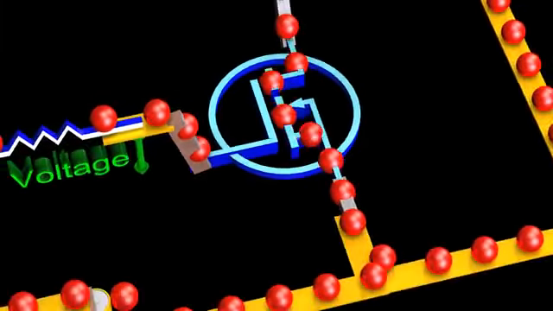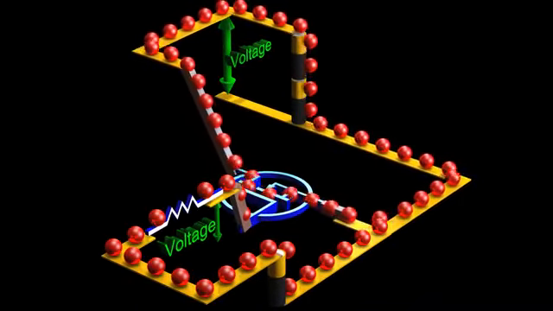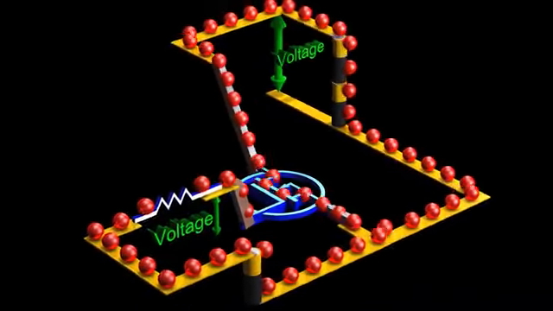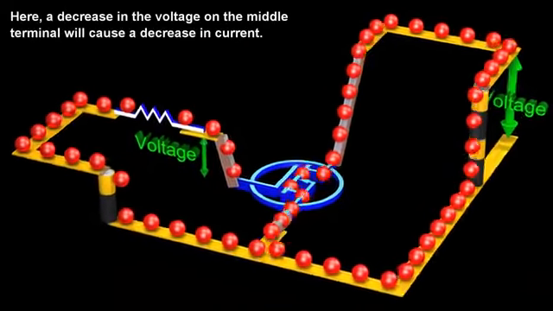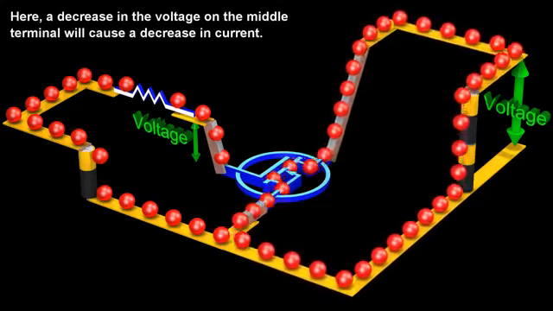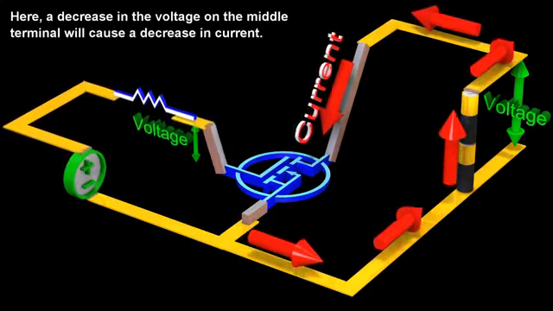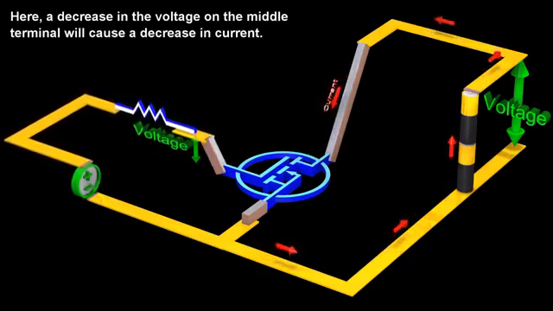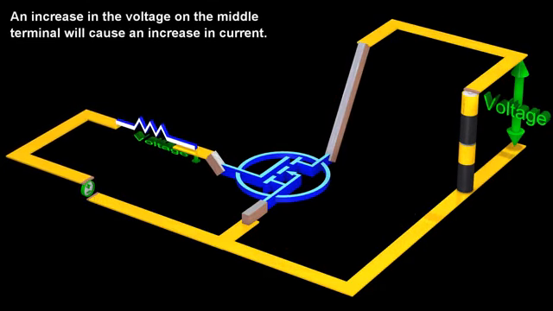As always, the red spheres represent the direction of positive current. Here, a decrease in the voltage on the middle terminal will cause a decrease in current. An increase in the voltage on the middle terminal will cause an increase in current.